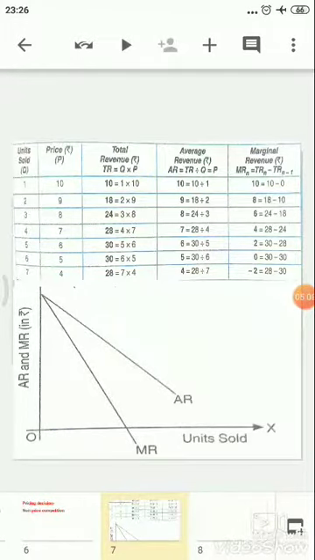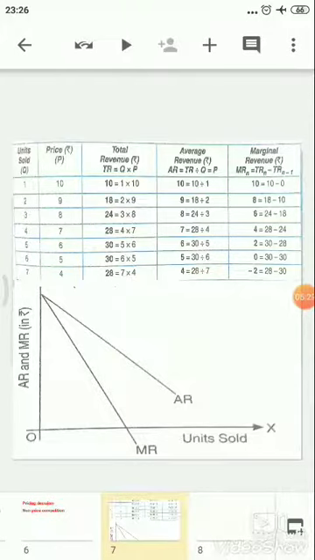So which is shown here in the revenue curve. Now you may be asked to differentiate between the market forms on the basis of revenue curve, and especially the difference between the perfect competition and imperfect competition is asked, that differentiate between these two market forms on the basis of revenue curves or average or marginal revenue curves.